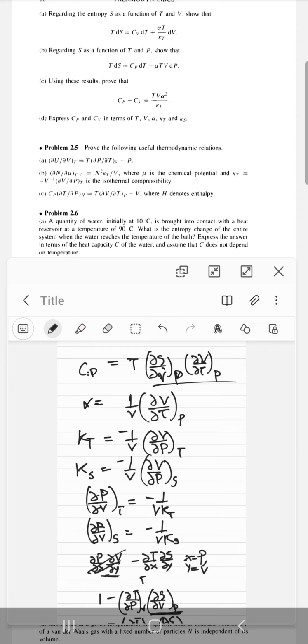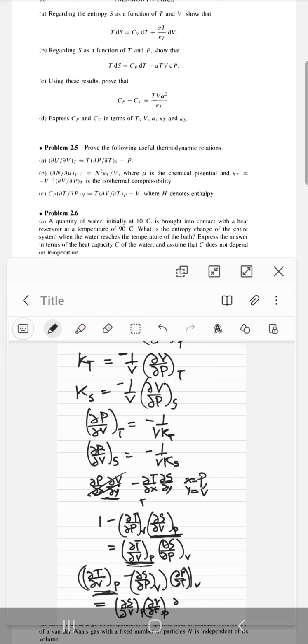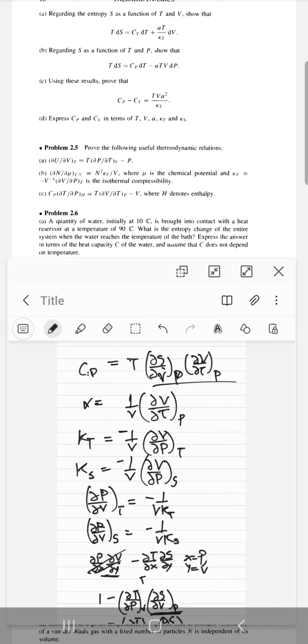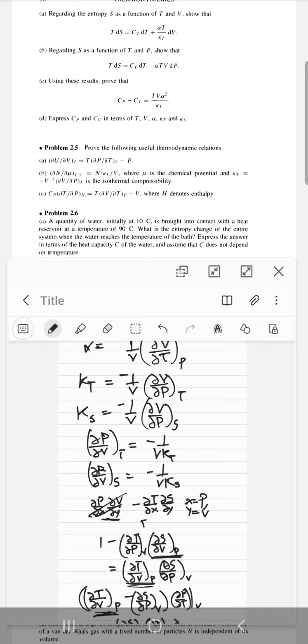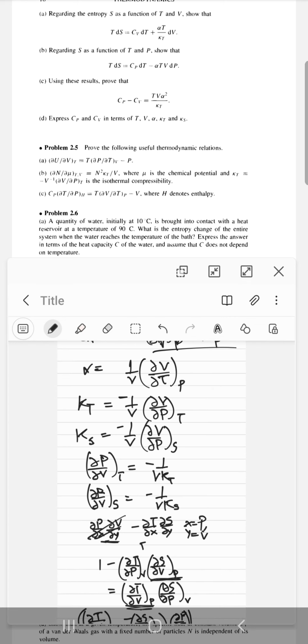Okay, what's the other scenario though? So you got partial S by partial P in that case at constant volume, and then partial P upon partial T at constant pressure, sorry, at constant volume again.